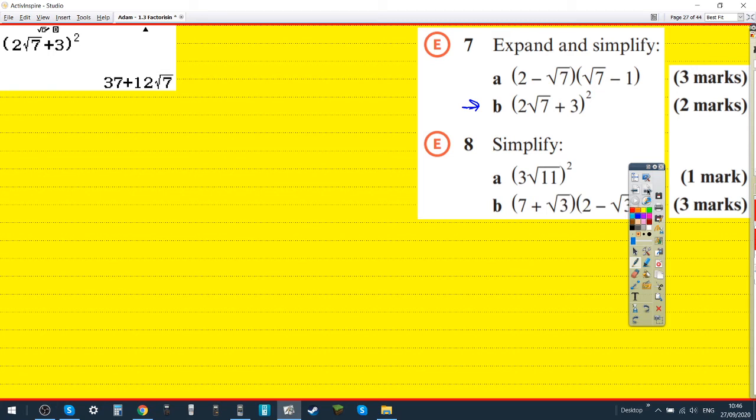How would you start 7B if you were doing it non-calculator? How do you deal with a square bracket?